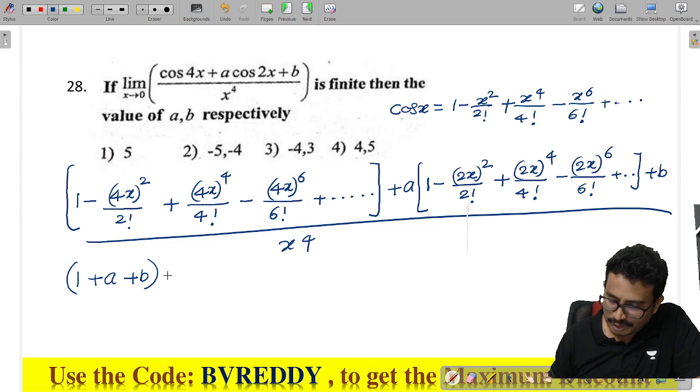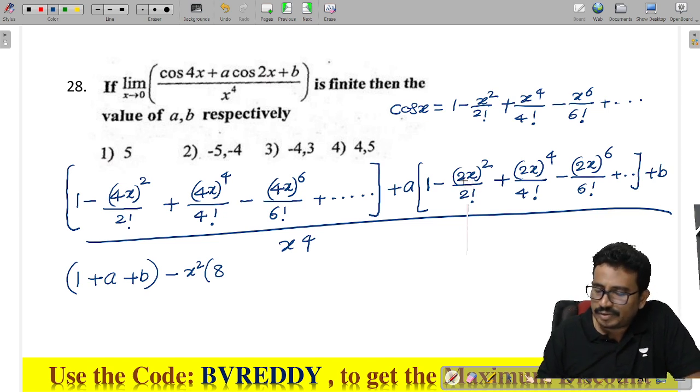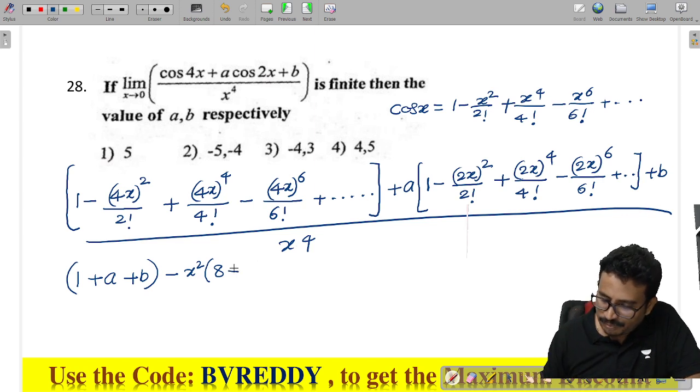Next x square terms, you see this thing here, minus x square we have taken common. Then see what I will get now, 4 squared by 2, that means 8. Here x squared terms, what will get now here, 2. So here 2 into a, that is plus 2a.